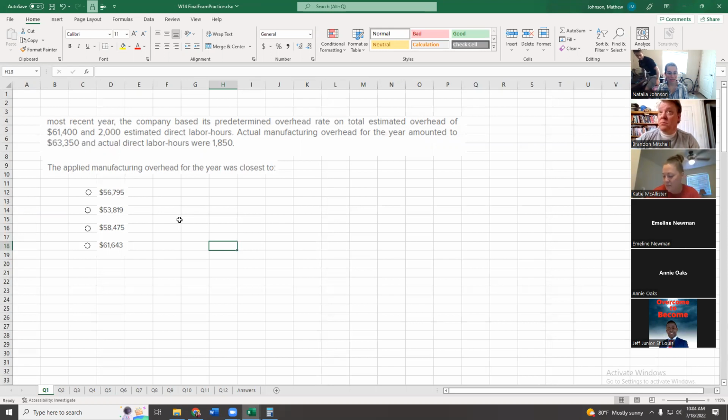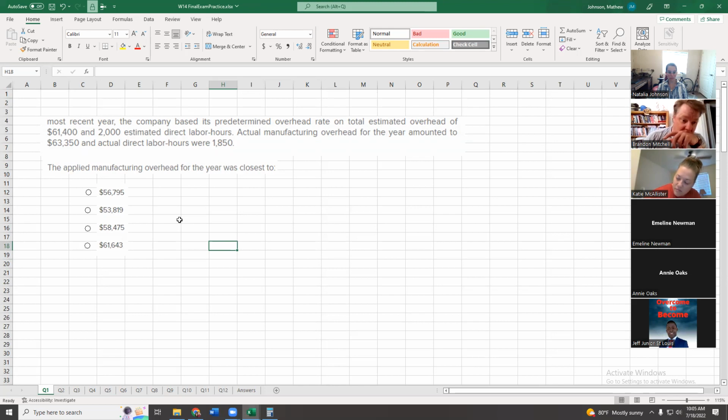Okay, so let's see this one. Most recent year, the company based its predetermined overhead rate on total estimated overhead of 61,400 and 2,000 estimated direct labor hours. The actual manufacturing overhead for the year amounted to 63,350 and actual direct labor hours were 1,850.